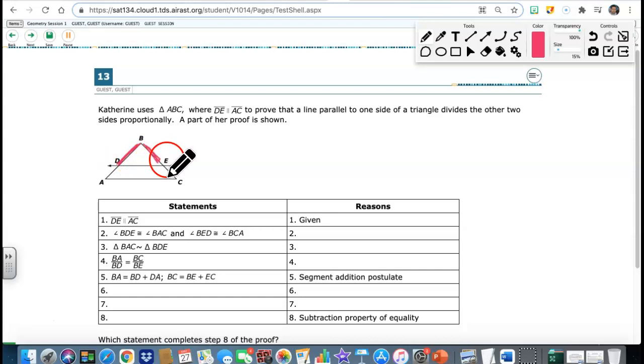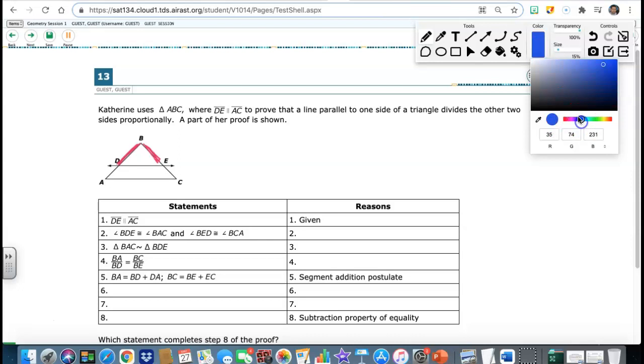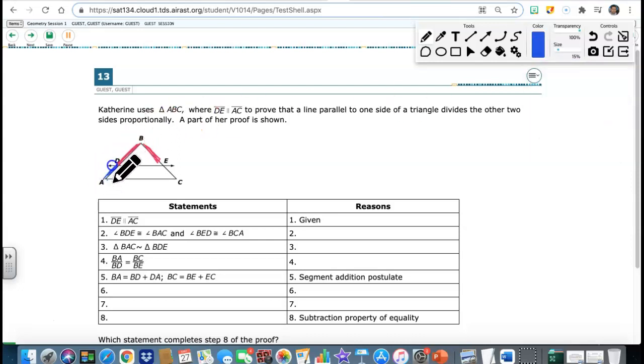So this line divides BD proportionally to DA, and BE is proportional also to EC. This line divides BA into proportional sides and also divides BC into proportional sides. That's what they want me to prove. Again, the last statement is the proof.